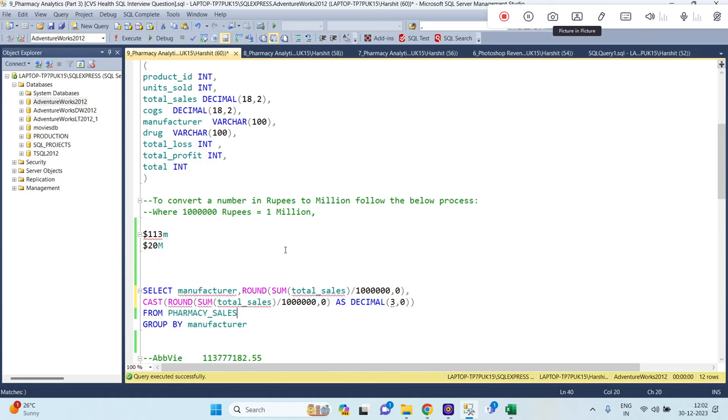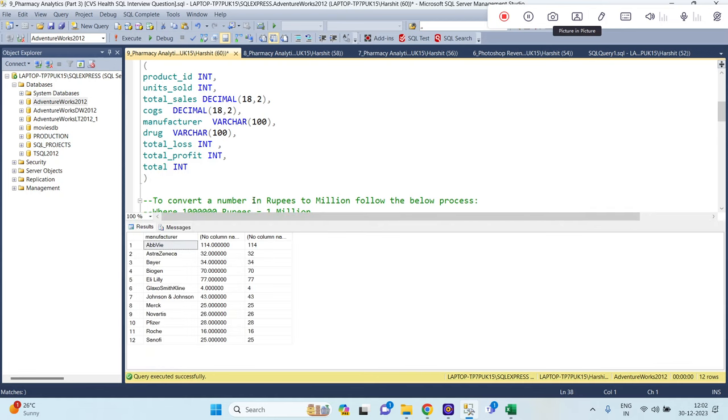Is zero working or not? It is rounding to 114.